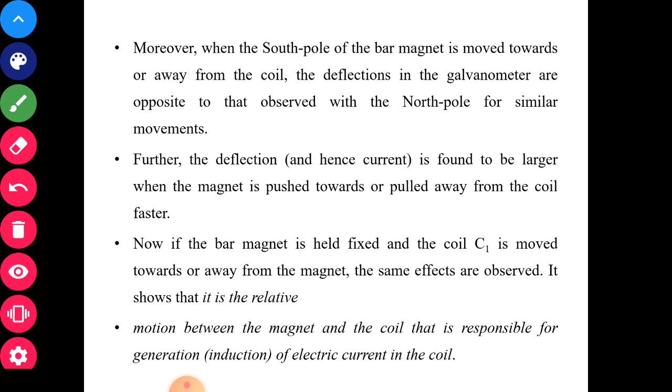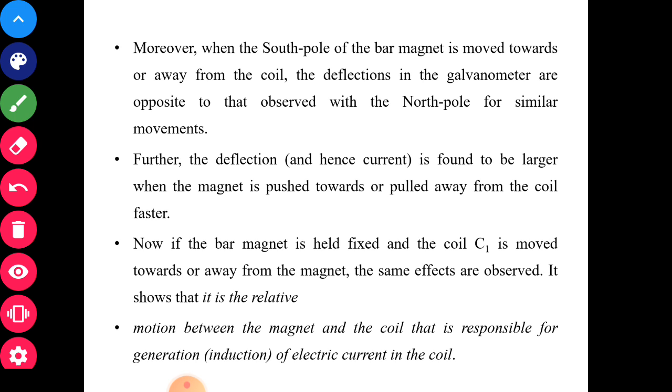Motion between the magnet and the coil is responsible for generation of electric current, which can be understood from this particular experiment. So if the bar magnet is held fixed and the coil C1 is moved towards or away from the magnet, the same effects are observed, that is deflection in the galvanometer is seen.